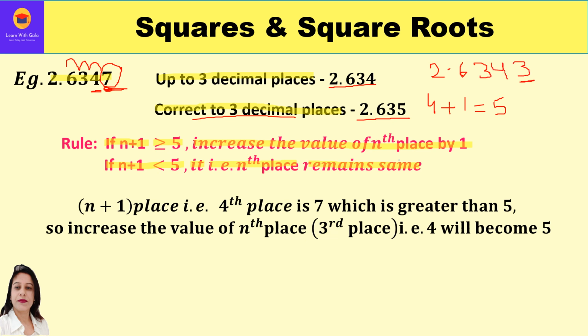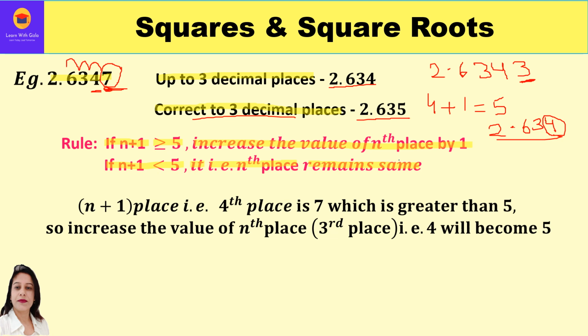Now this fourth place is less than 5. So I will say the square root of that particular number will be 2.634. We will not increase this 4 by 1. It will remain the same because the value at the n plus 1 place is less than 5.